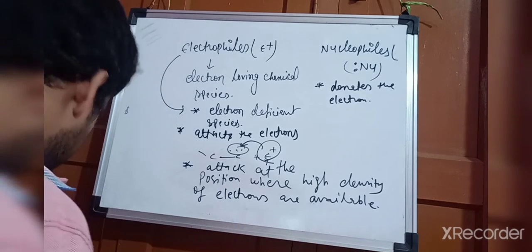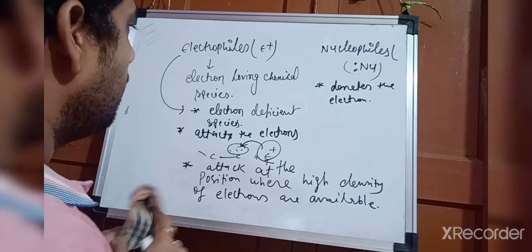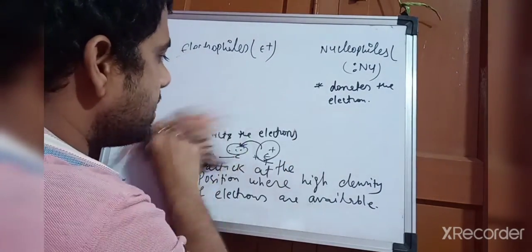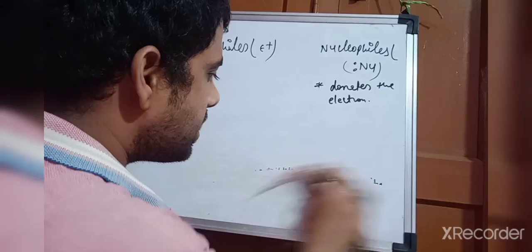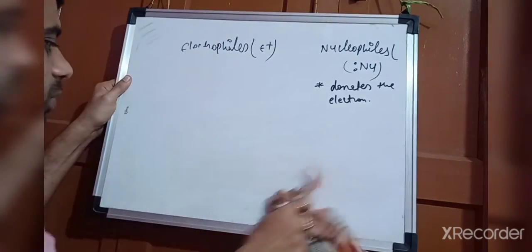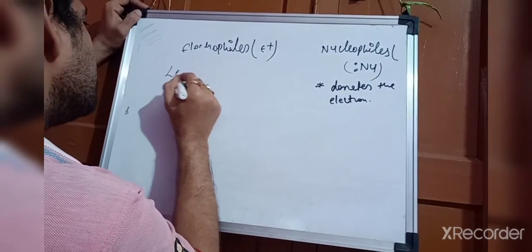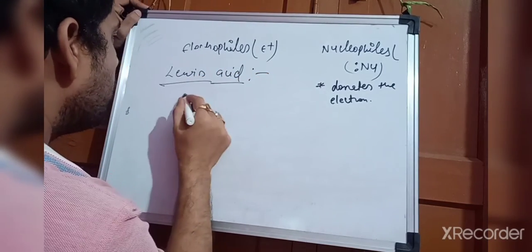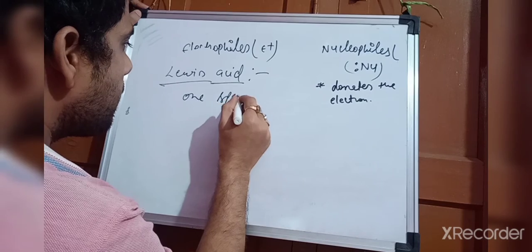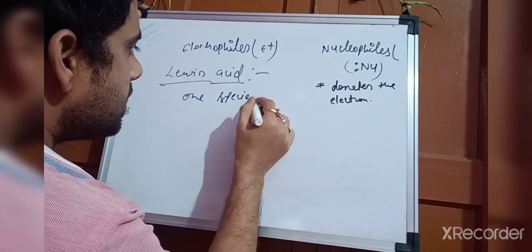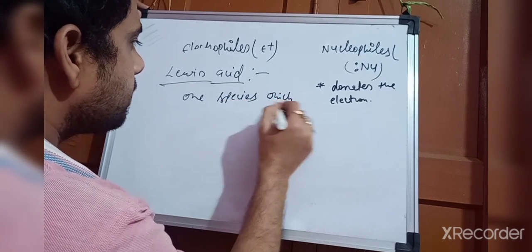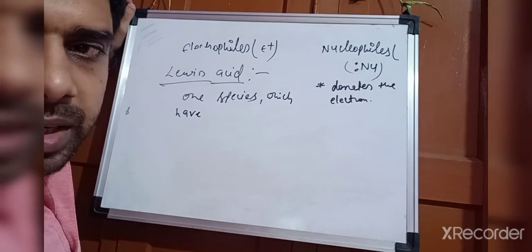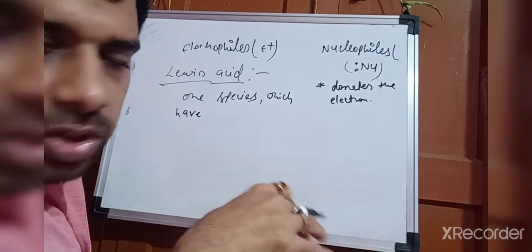Now we will talk about why it is a Lewis acid and the concept of being a Lewis acid. A Lewis acid is a species which is an electron-deficient element and which can attract electrons.